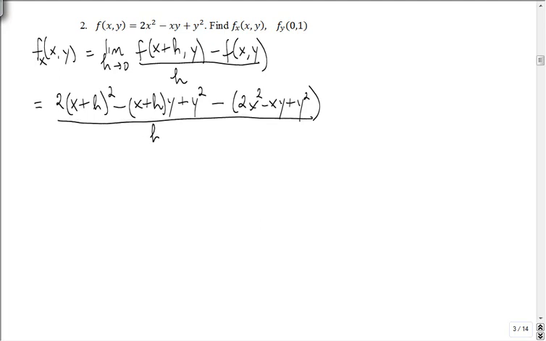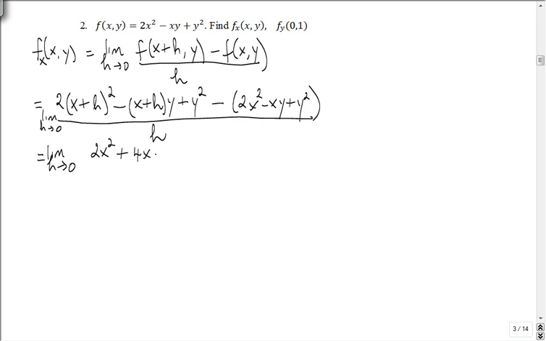Oh, did I forget my limit? Thank you. Let's simplify that now. So that's an x squared times 2. I keep on forgetting this limit thing. Limit. 2x squared. Middle term is 2xh times 2.